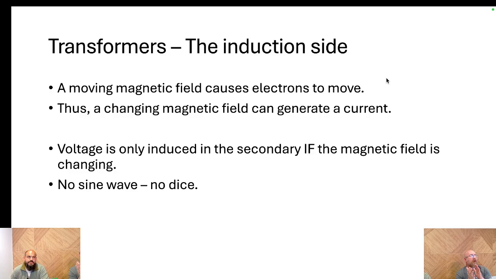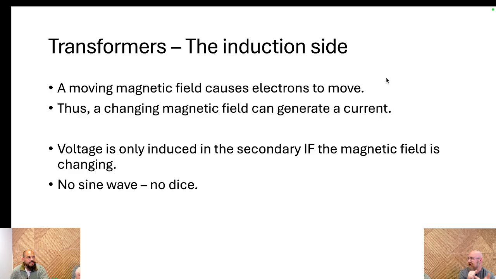And so only a changing magnetic field can generate current. As we noted in that other video where you're passing the magnet over the coils, it needs to be moving. When you hold it still, you don't induce current. So rather than having motion involved, if we want to induce a current in a secondary coil, we have to make that magnetic field alternate, flip-flop, right?